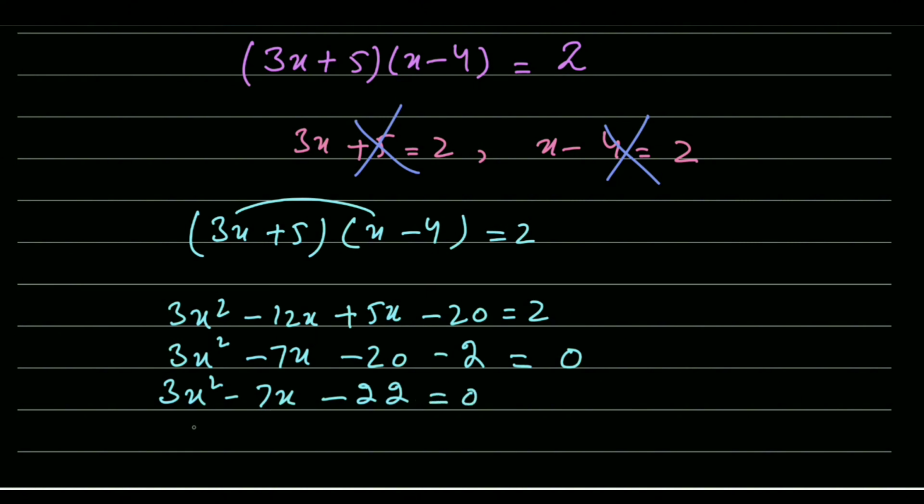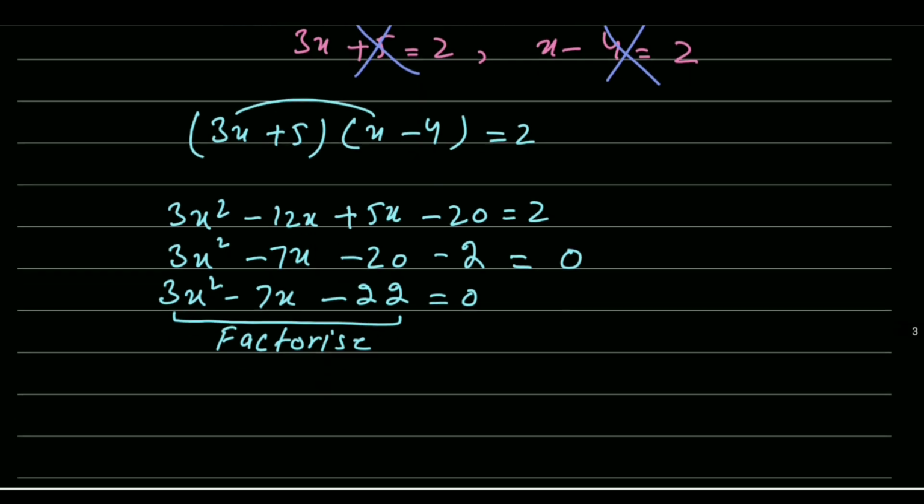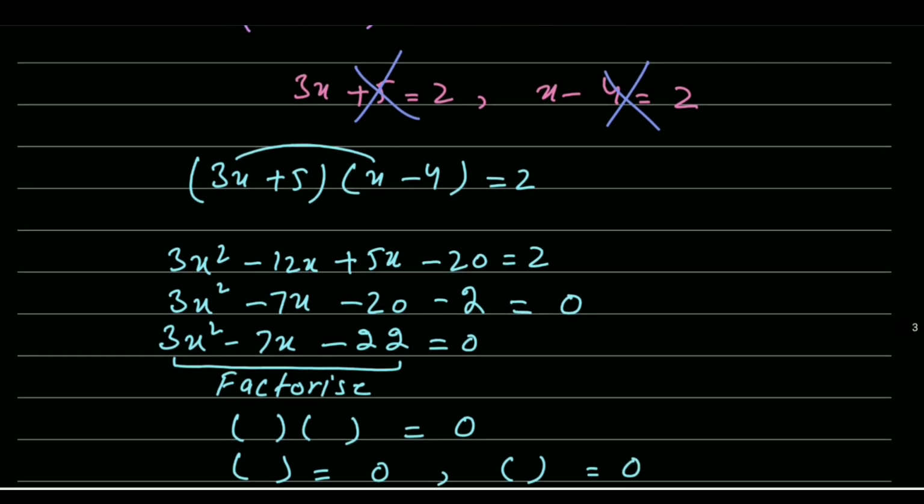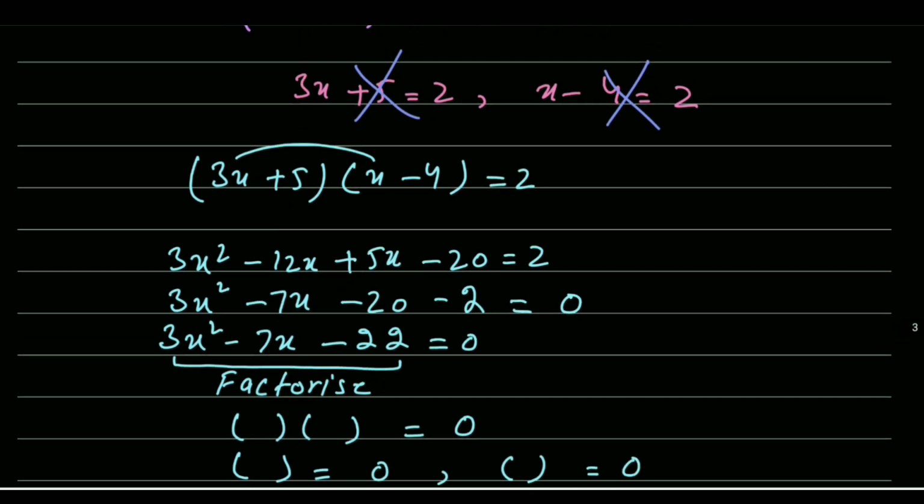So now you will factorize it with the same method, like the middle term breaking method, and you will get two brackets and that will be equal to 0. Now you can solve with the same method, like both brackets will be equal to 0 separately, and you will find the values of x or the given variable.